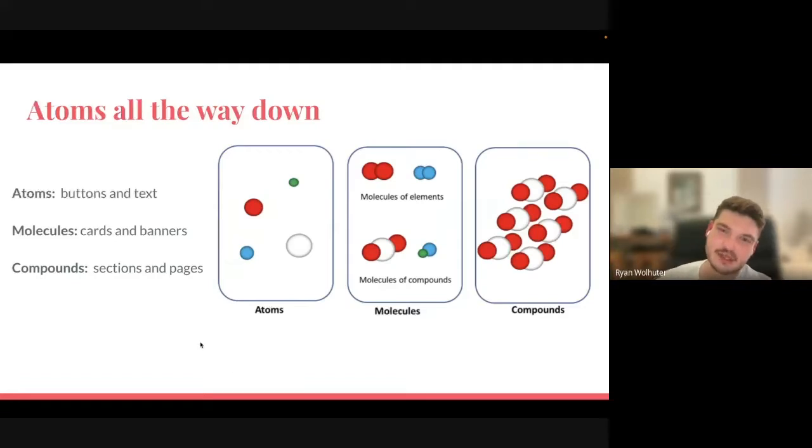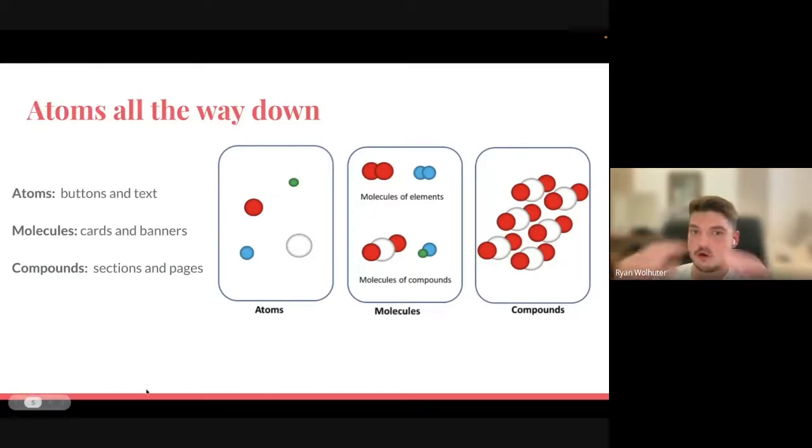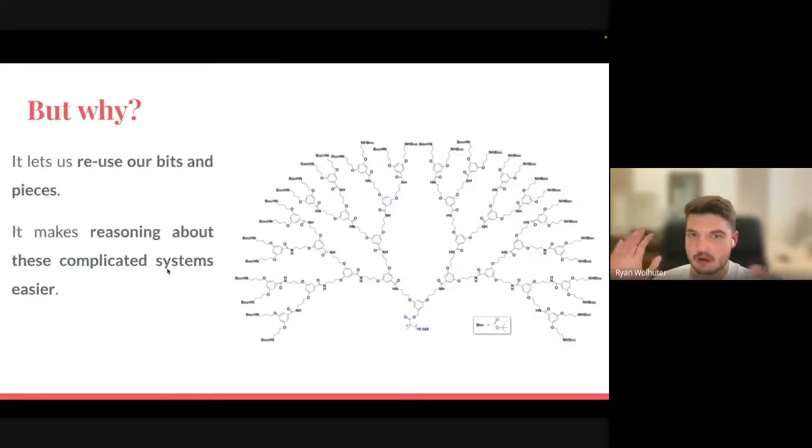The analogy that we very often use in UI development is atoms and molecules and compounds, where the atoms are essentially things like a button and some text, and then molecules are the things that contain those, like cards, banners, and so on. Compounds are whole sections, pages, and you could say that our whole app is a complicated chemistry experiment.